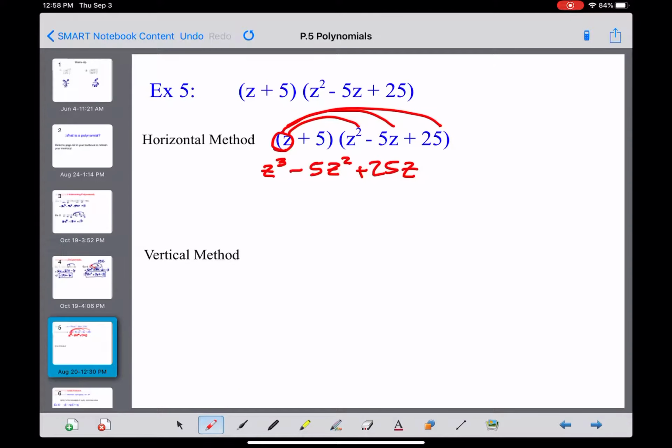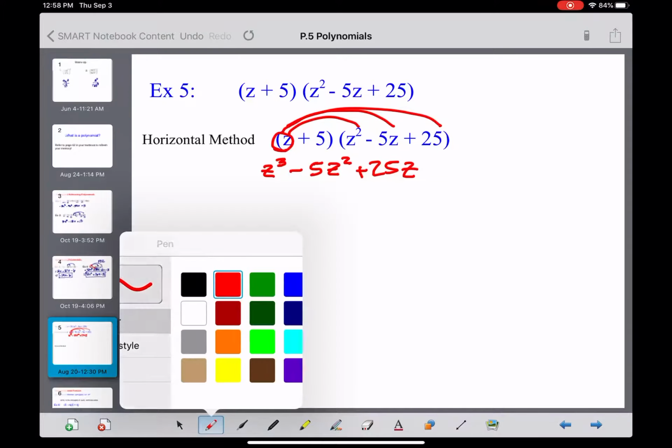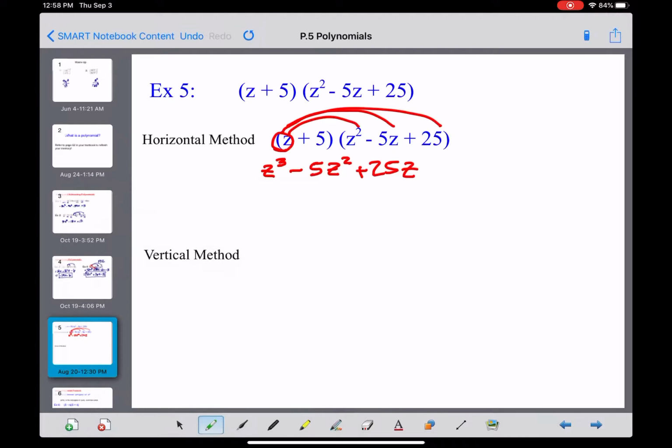And then I'm going to change my color here. I'm going to take the 5 and we're going to multiply it times all three. So we have plus 5z squared minus 25z plus 125. And then we combine. So z to the third, take care of that.